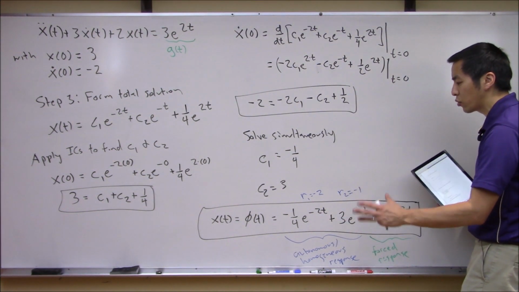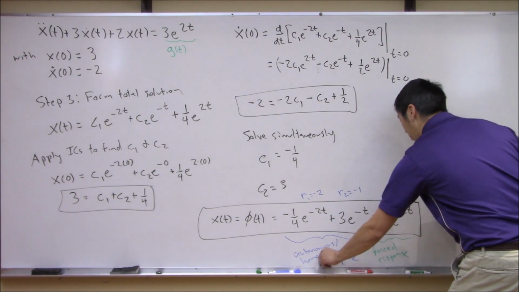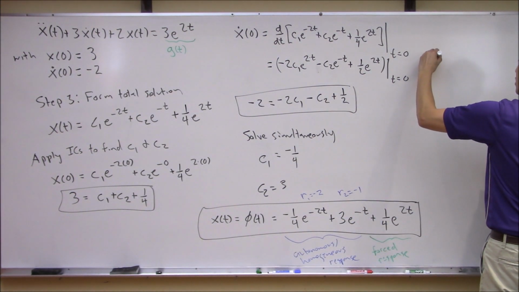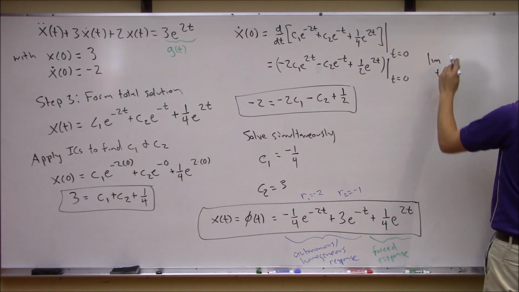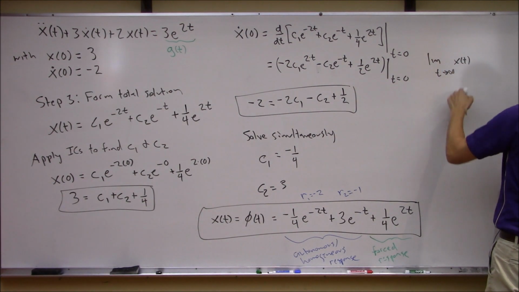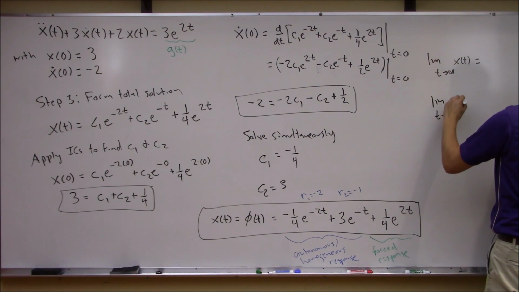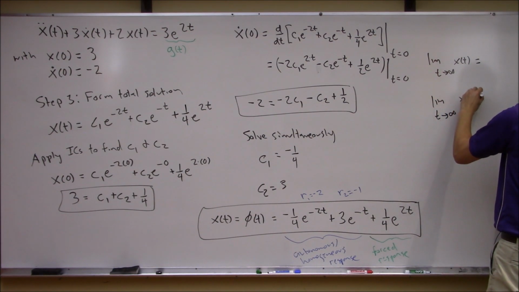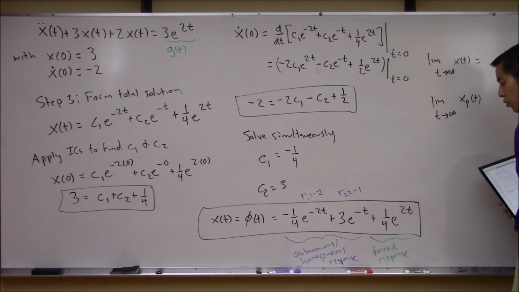These are your initial transients. Looking at the limit as time goes to infinity of x of t, it basically looks like the limit as t goes to infinity of just the particular portion. This is the only term that remains.